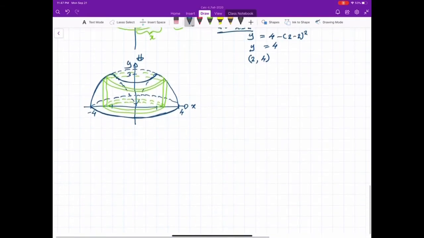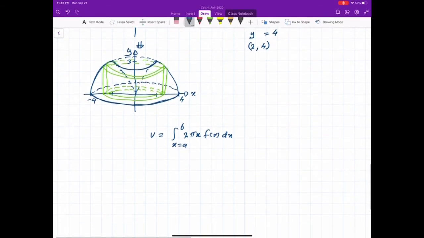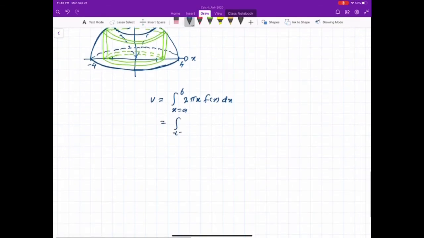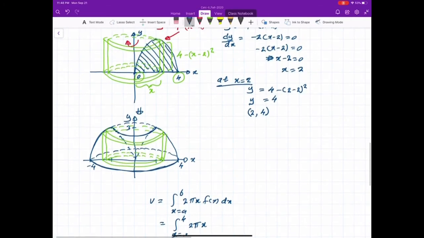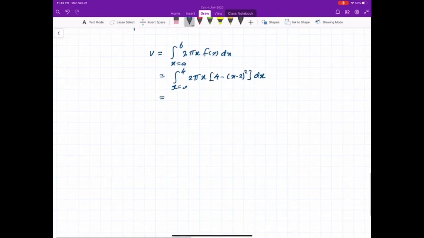It is V equals the integral, x goes from a to b, of 2 pi x f(x) dx. Here x goes from 0 to 4, and then 2 pi x, f(x) should be this, that is 4 minus (x minus 2) squared.